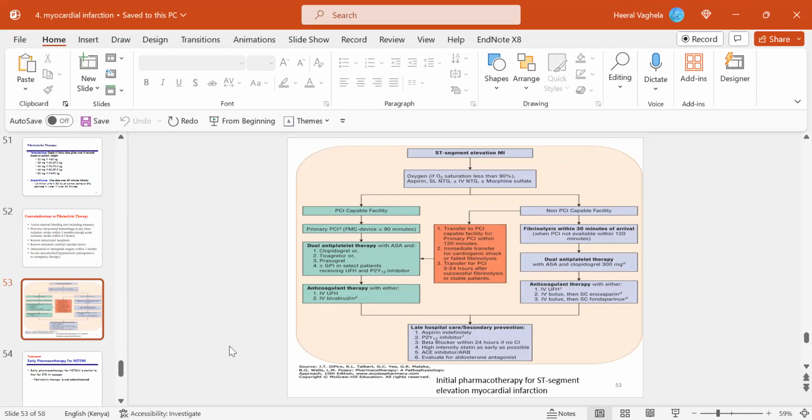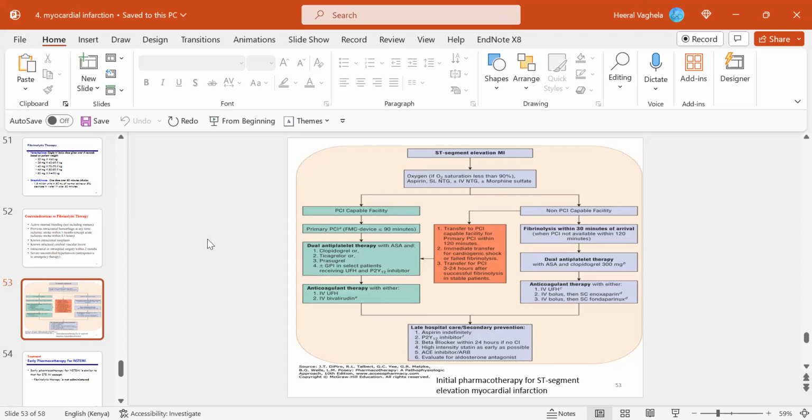Yes, exactly. So when we're talking about STEMI, the first thing you would give is oxygen, especially if the oxygen saturation is below 90%. Then if you can do the PCI, you go for that.